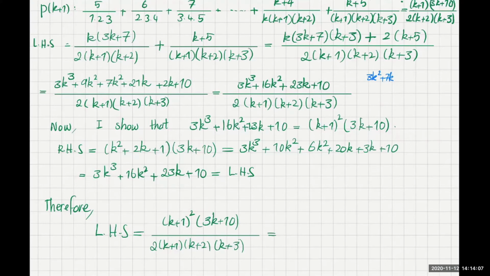So what is left for me in the numerator is just one factor of k plus 1, one factor 3k plus 10, and three factors in the denominator, 2, k plus 2, and k plus 3. And then this is exactly the right-hand side. Yes? So somehow you need to learn how to sometimes cheat if you actually reach a hard problem. Any questions?